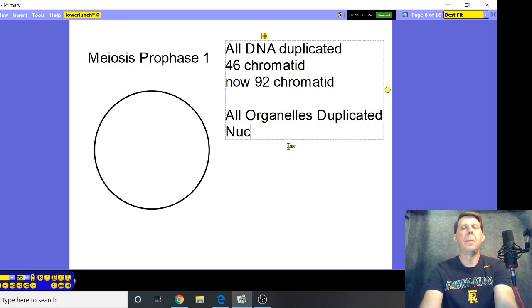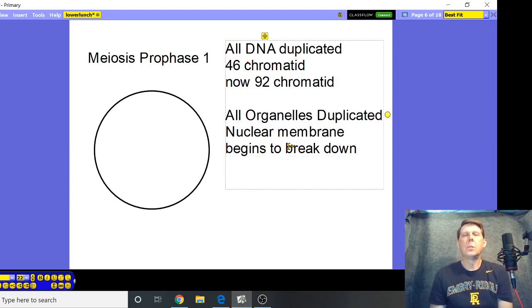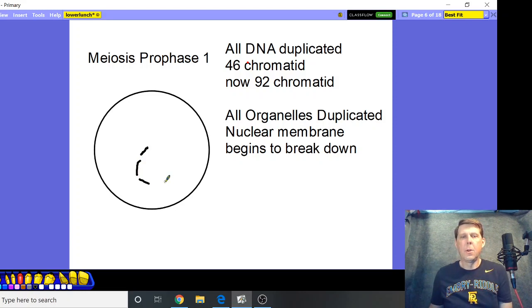What happens to the nuclear membrane? Right, it begins to break down. Now when the nuclear membrane starts to break down, how are the chromosomes moving out, and what are they starting to find? They're starting to find their homologous pairs.